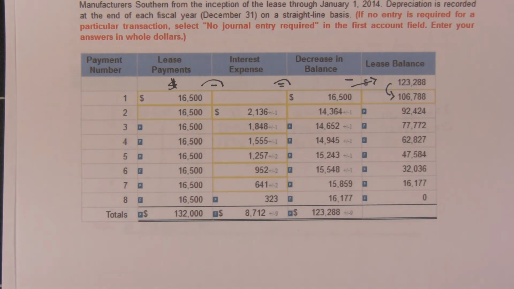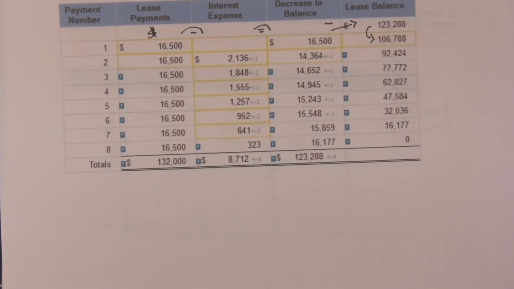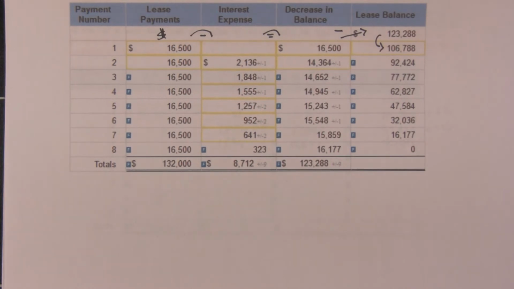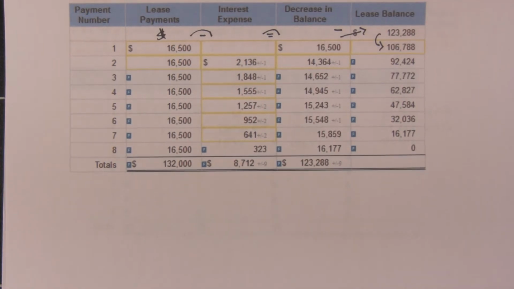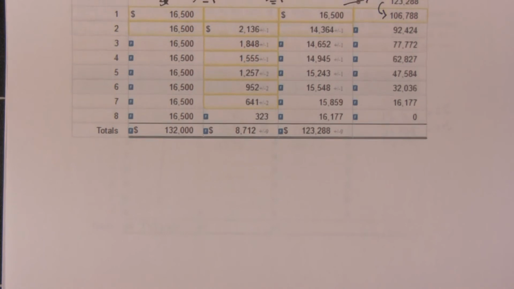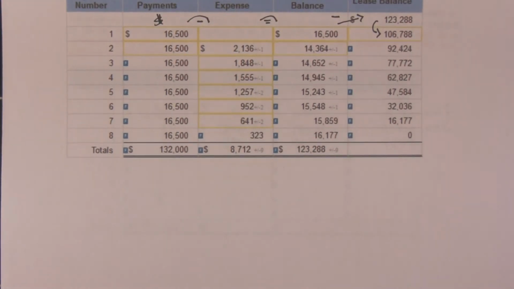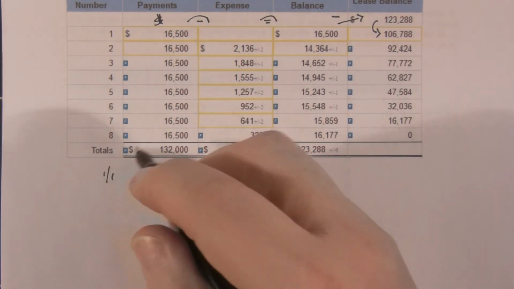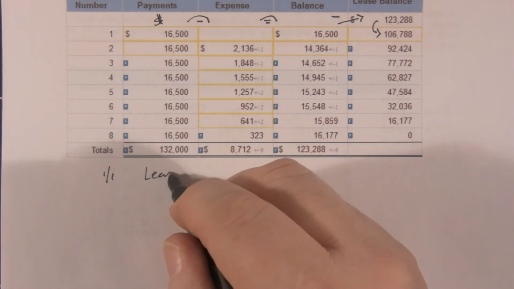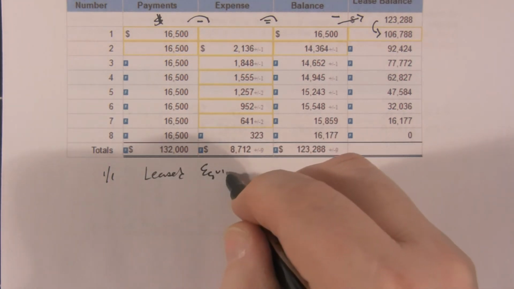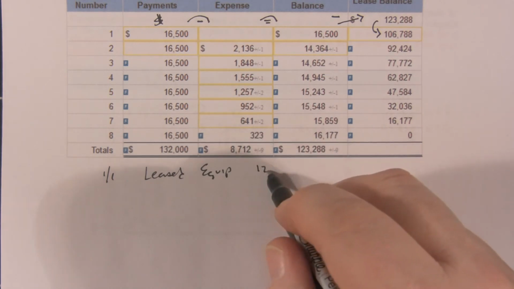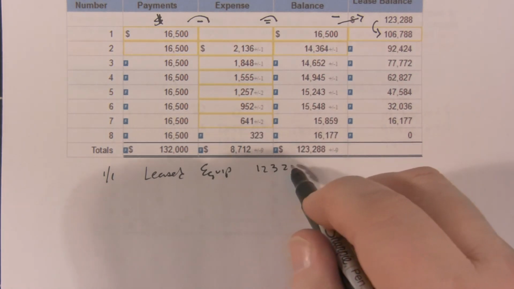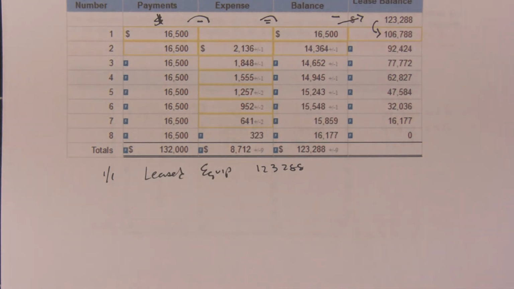In a journal entry, every period is going to be exactly the same after the first period. Okay? So the first period is different, and then after that, it remains exactly the same. Because the first period, we're going to have a couple of additional, or a couple of new journal entries. So at the beginning, 1-1, we have the leased equipment for 123,288 present value of future cash flows.